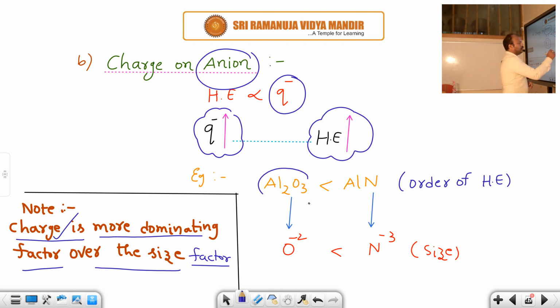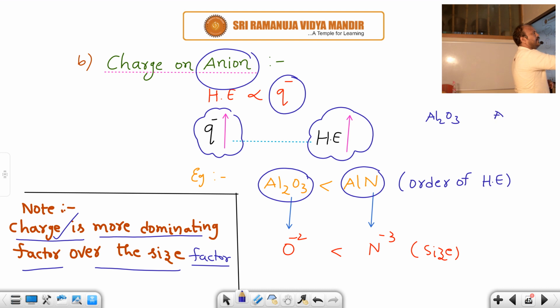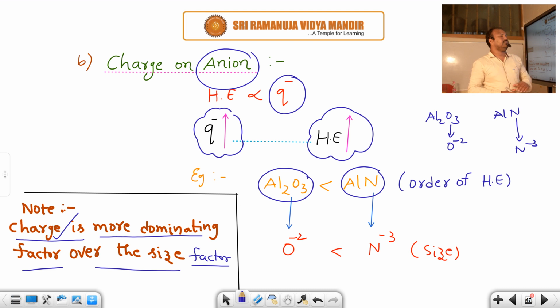Take an example here, Al2O3 and aluminum nitride, AlN. Here oxygen is present as O2-, and nitrogen is present as N3-. So which anion has more size? These are isoelectronic species: as the negative charge increases, the radius increases, that means the size increases. The nitride ion has more size.